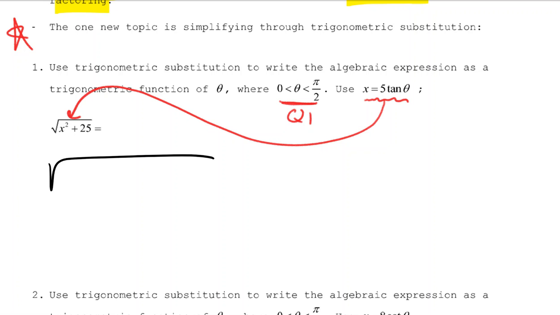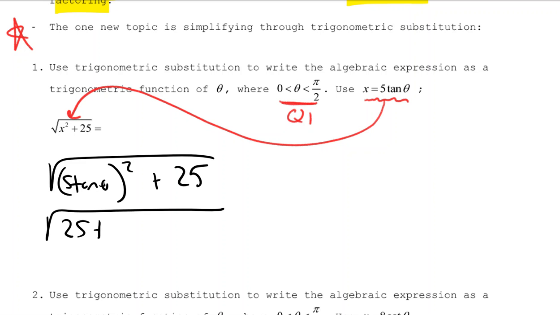So instead of x squared, you've got 5 tangent squared. And then typically people say, okay, 5 tangent times 5 tangent is 25 tangent squared.